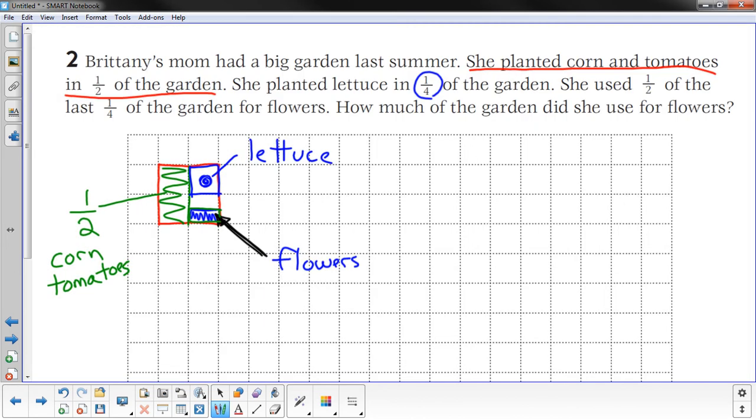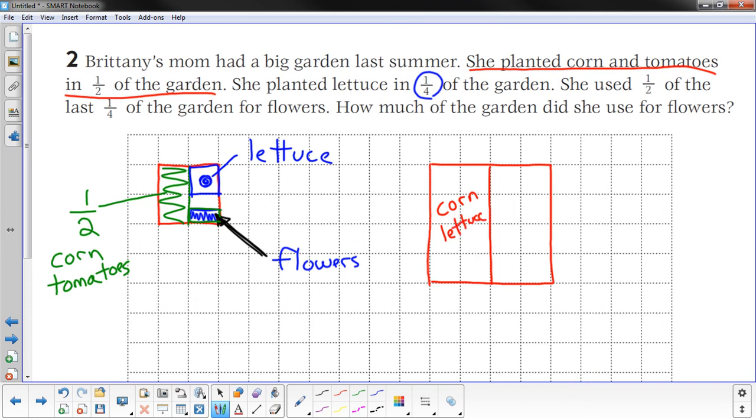So still, my picture's not a great picture. I might want to change it up. So maybe I go a little bigger with my choices here. And maybe I do this. Now half of this is corn and lettuce. 1/4 is, not corn and lettuce, corn and tomatoes.